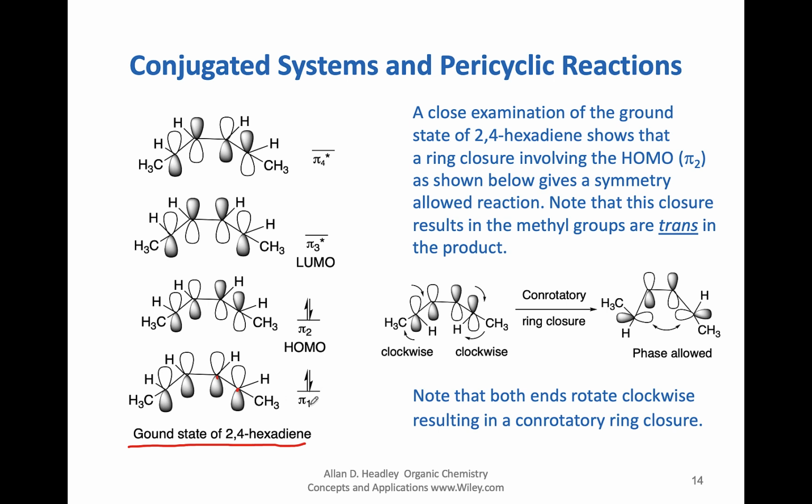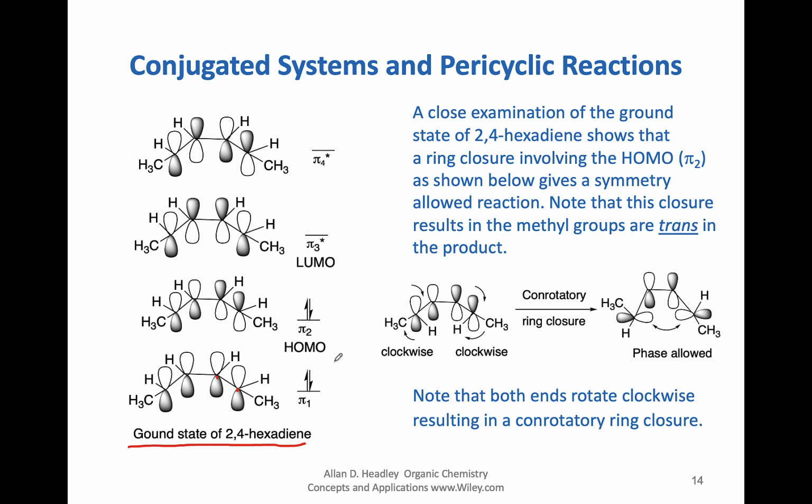So in pi 1, the lowest energy, there are 2 electrons. In pi 2, the next energy of molecular orbitals, we have 2 electrons. And in the higher orbital, there are none, because we only have 4 electrons in a diene. And of course, the 4th molecular orbital has none.